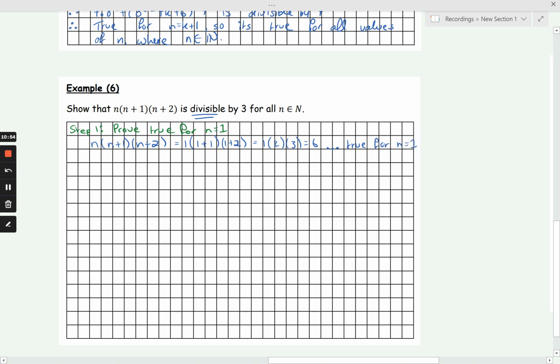Okay, then we move on to step 2, writing the steps every single time. So step 2 is we assume true for n is equal to k.